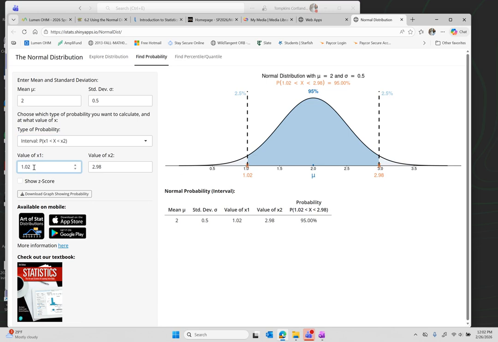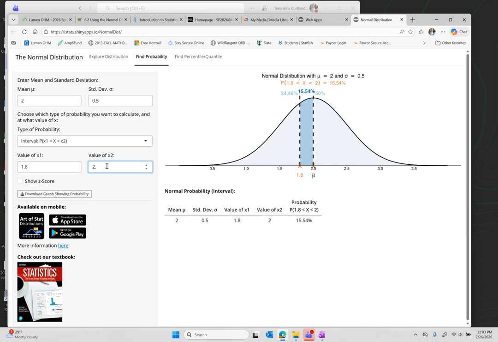And then they say what are the values of the smallest value of the variable x1, and that is 1.8. And what's the value of x2, which is the largest value of the variable in the expression for the type of probability, and that was 2.75.